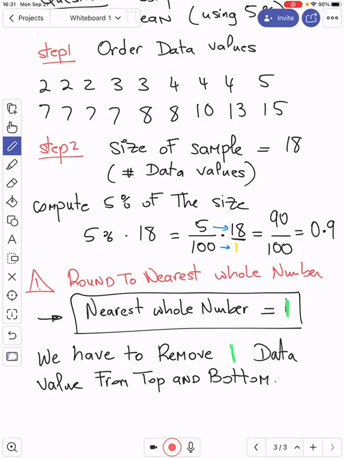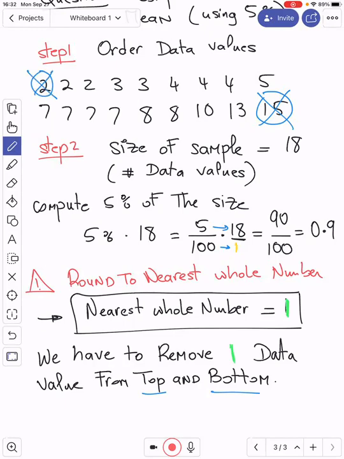So I need to remove 1 data value from the top. The largest data value, of course, is 15, right? So I need to remove the 15. And I need to remove 1 data value from the bottom. Here, the smallest data value is 2, right? So I need to remove the 2 here. So 1 number from the top and 1 number from the bottom.